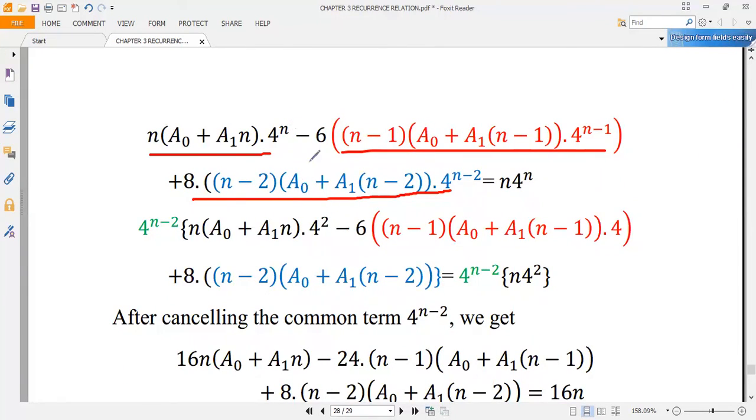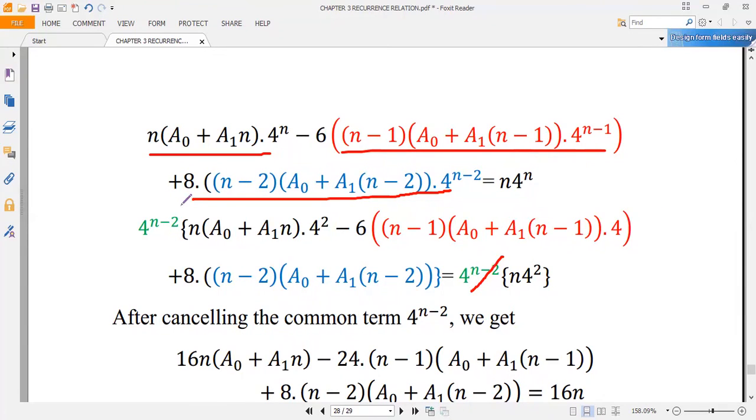What's left here is 4 squared. On the next one, 6 times (n minus 1) times (a0 plus a1 (n minus 1)) times 4 to the power of 1 is left here. In the last one, 8 times (n minus 2) times (a0 plus a1 (n minus 2)), taking 4^(n-2) as common, 4 to the power of n times 4 squared is left.